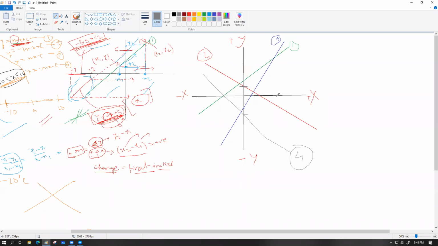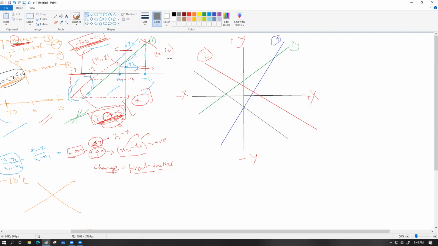For example, if I draw graph number 4 like this, it is possible that graph number 3 and 4 have the same intersection value. In other words, both of these lines pass through a single point.